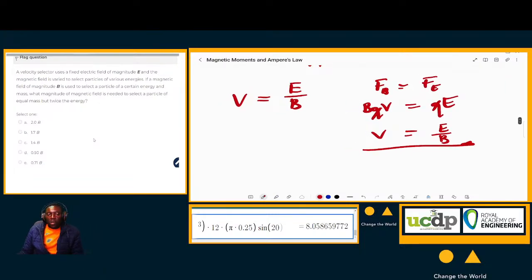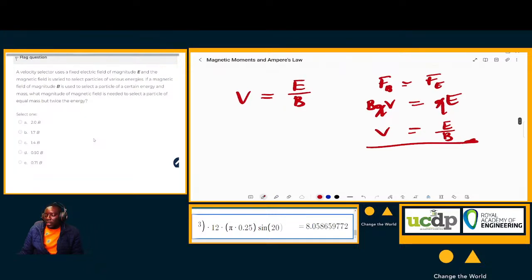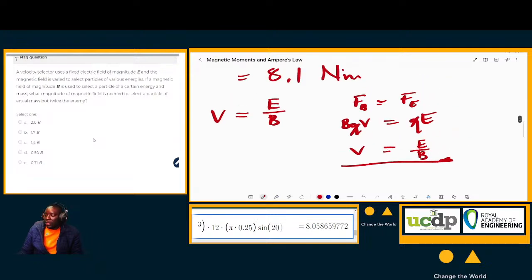Okay, so what the velocity selector does is use force on particles that are charged and have different masses, so they have a different charge to mass ratio, right?